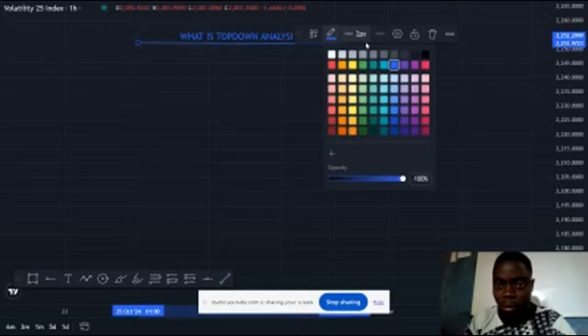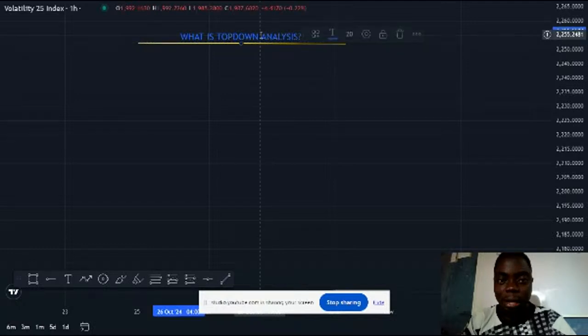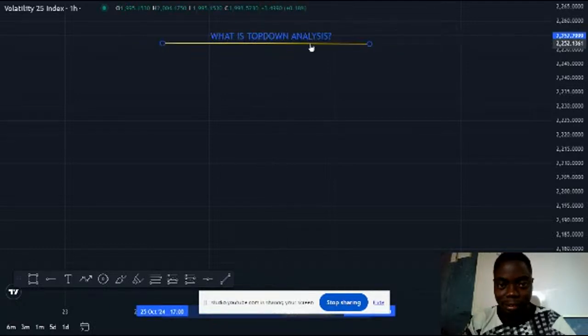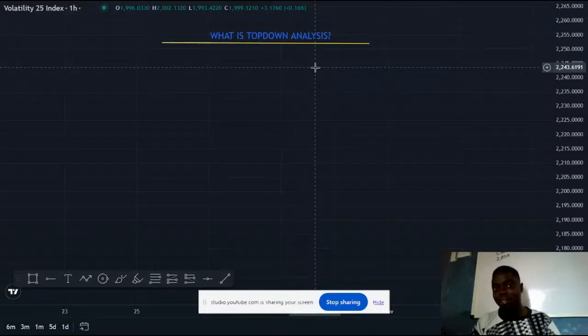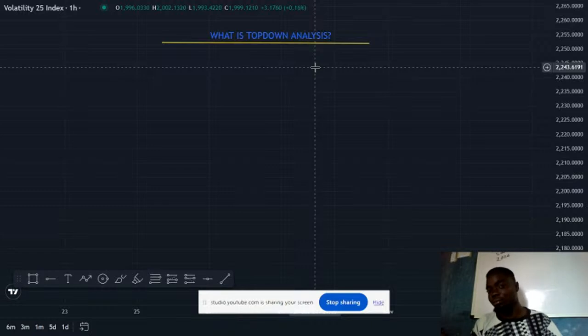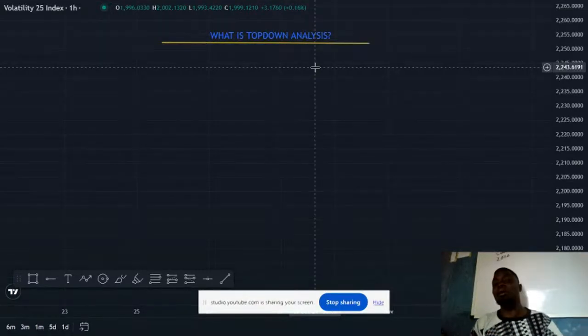Now we are looking at top-down analysis. Before you can really understand what it means, because you don't have to complicate what it means. When you complicate things, you don't get results. Now, before you actually understand or comprehend top-down analysis, you need to understand what we call time frame analysis.